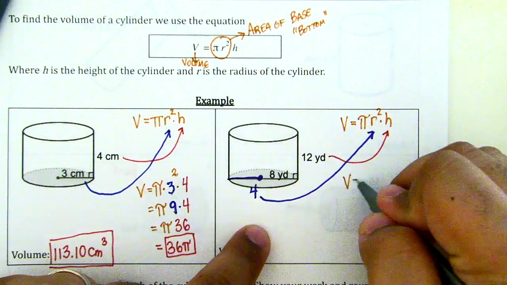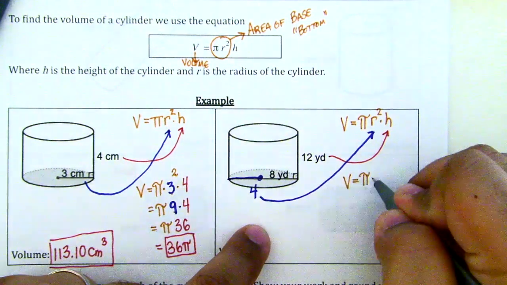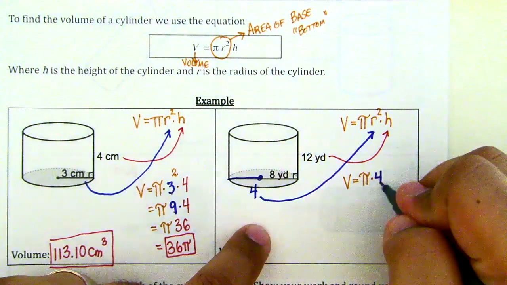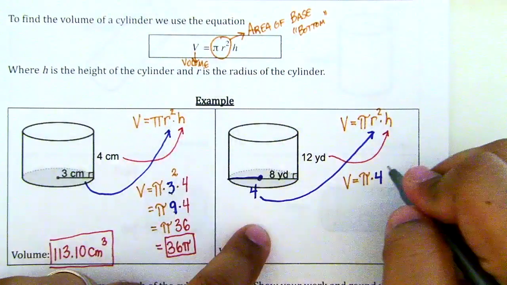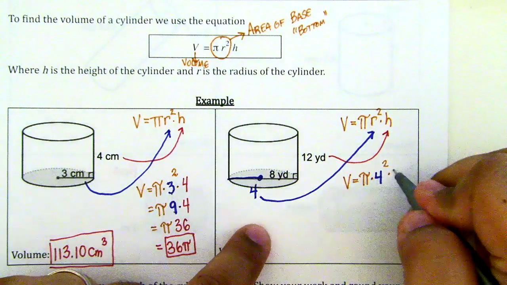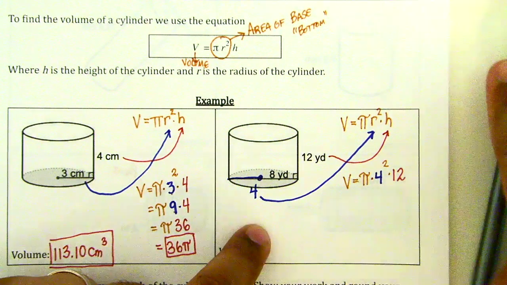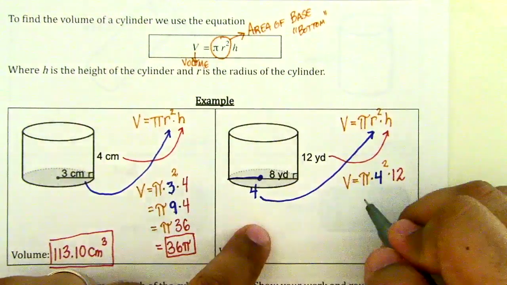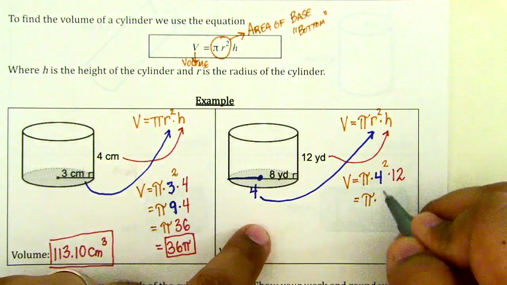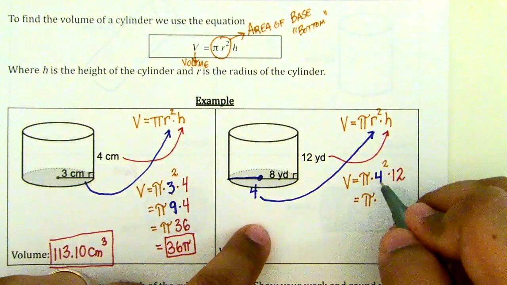Now, we're going to substitute those in just like I indicated with the arrow there. So we've got V equals pi times our radius, not the diameter, is 4 squared multiplied by our height, which is 12 in this case. Now, we're going to do a little bit of simplifying. So we've got pi multiplied by, remember, 4 squared is 4 times 4.